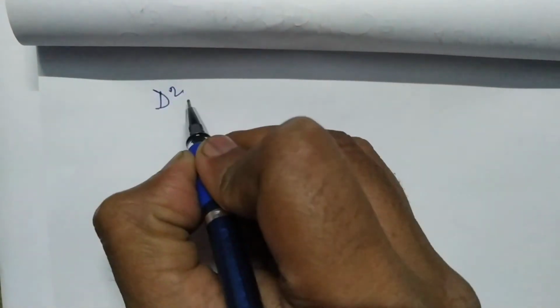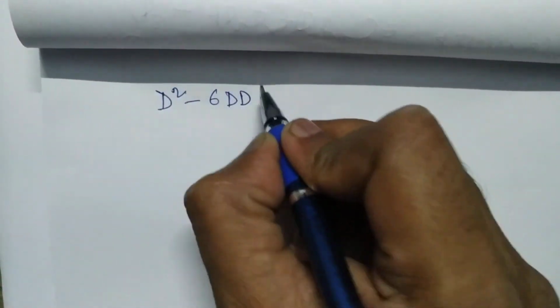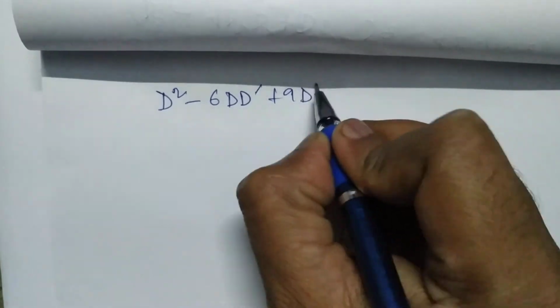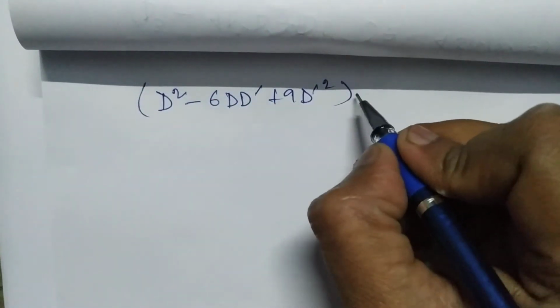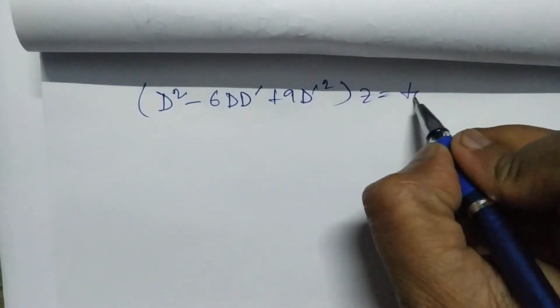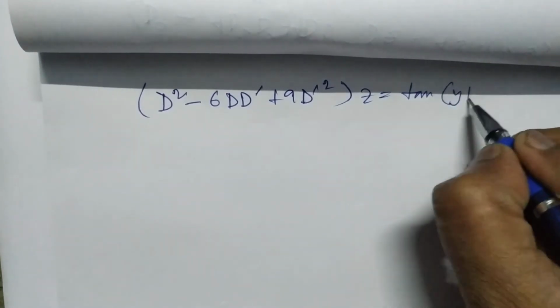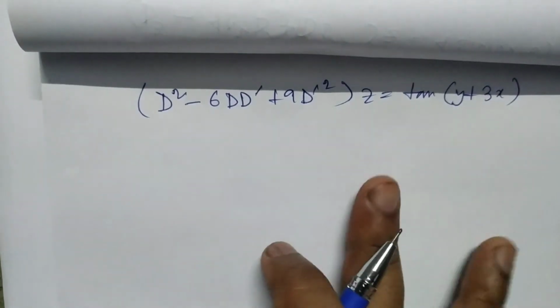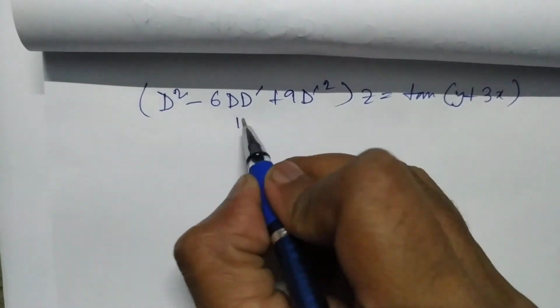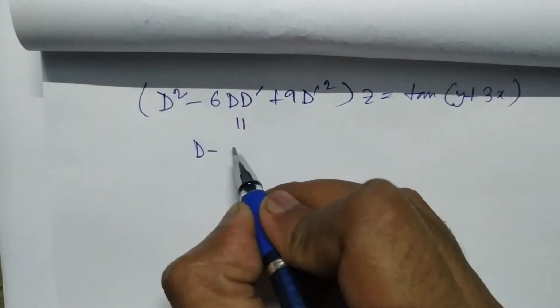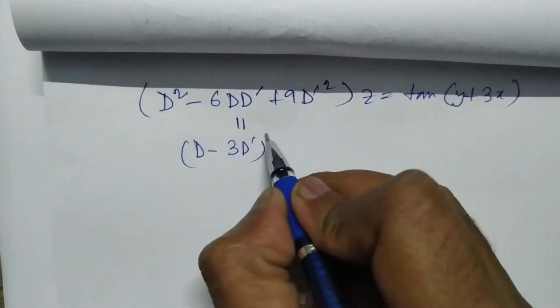Let's do this one. So this can be written in d minus 3d dashed whole square, right.